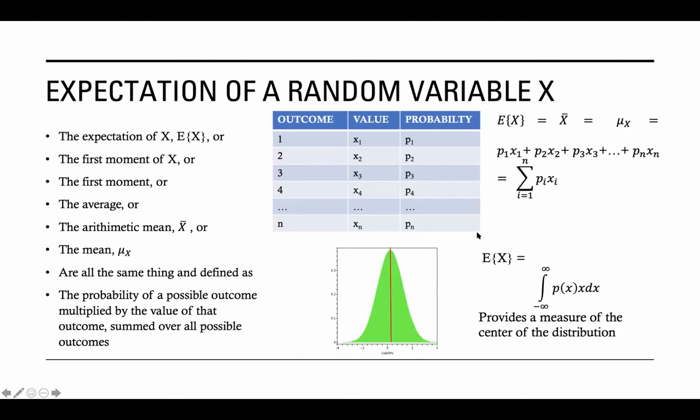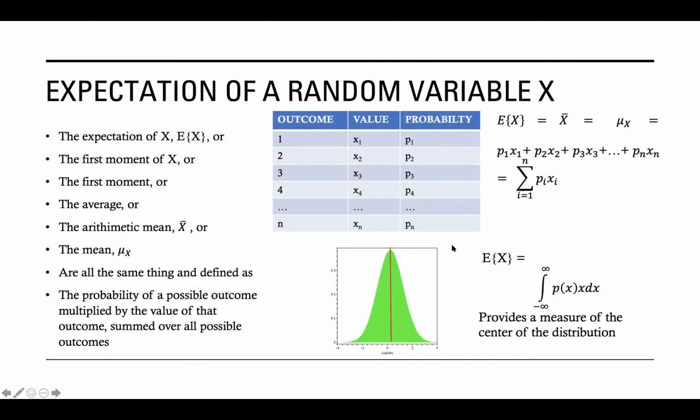But in any case, the expectation of x for a continuous random variable is really just the same as for a discrete random variable. For a discrete random variable, we take the sum over all possible outcomes of the probability times x, and for a continuous random variable, we do the same. We take the sum of the probability of an outcome, which is really p of x dx, times the value of that outcome, x, summed, or in this case, because it's continuous, integrated over all possible outcomes.